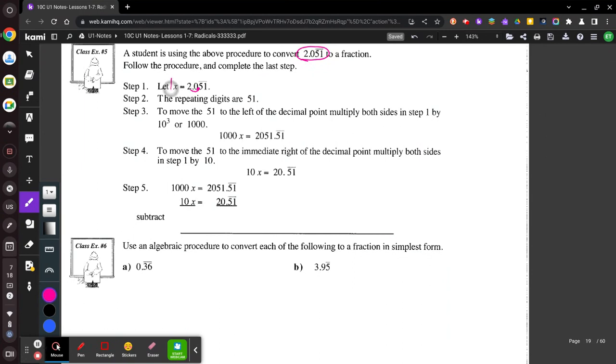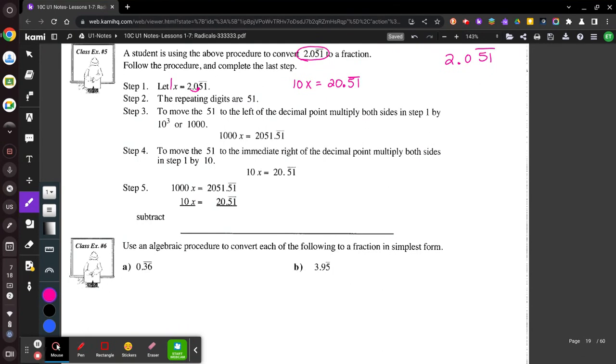So if I've got 1x equal to this, 10x would be equal to 20.51. And now I've got my repeating digits on the right, which is what it wanted. The next step is to take that original number, the one we started with, 2.051, and now move the decimal so that the repeating digits are on the left.